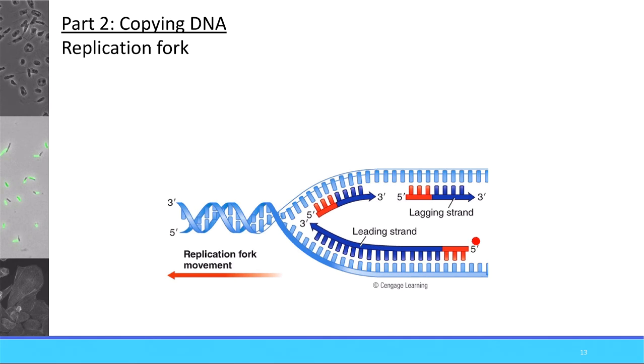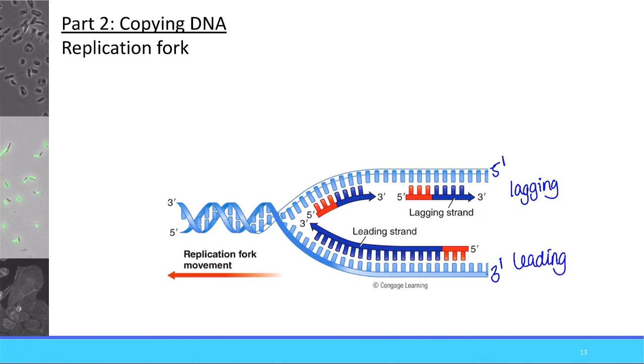So here's our 5' end, which means right here must be a 3' end because DNA is anti-parallel. Up here we have a 3' end, which means this must be a 5' end, and our top strand is lagging because every time that DNA fork opens up more, we have to lay a new primer, which is shown here, and then we have to fill in. So our top strand is lagging and our bottom strand is leading.